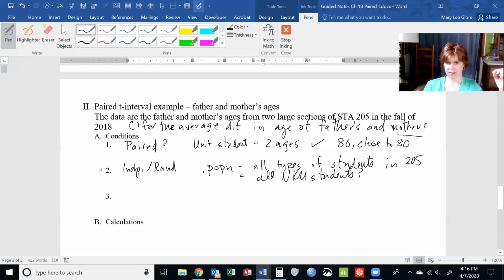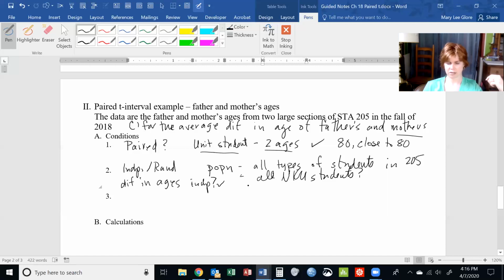But the difference in ages for a student, so what I'm looking at are these pairs of ages. So are the differences in ages of the students independent? And the answer is definitely yes.